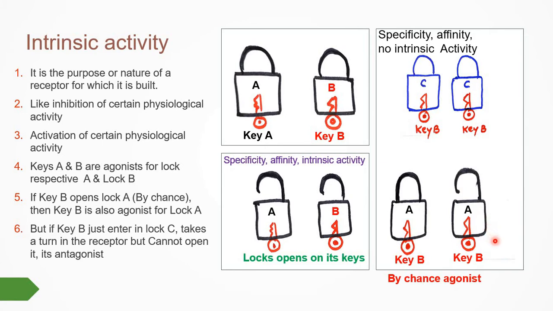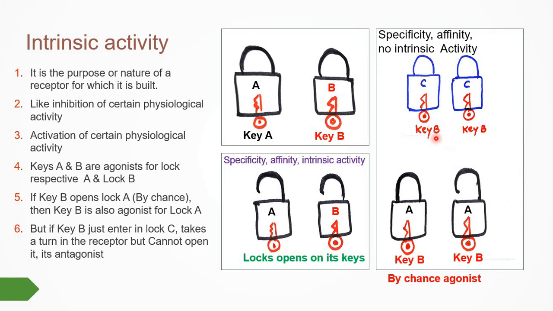Once a drug is used for one purpose and you administer it, it is going to involve the receptors, so it may go and involve other receptors, and thus by chance you may come across some other unwanted effects of drugs as well. So sometimes by chance you can find an agonistic activity.